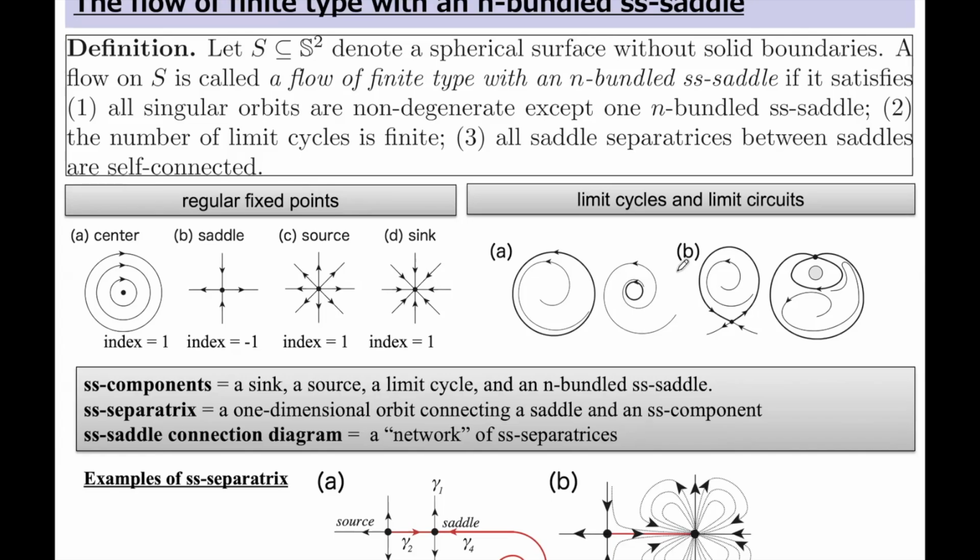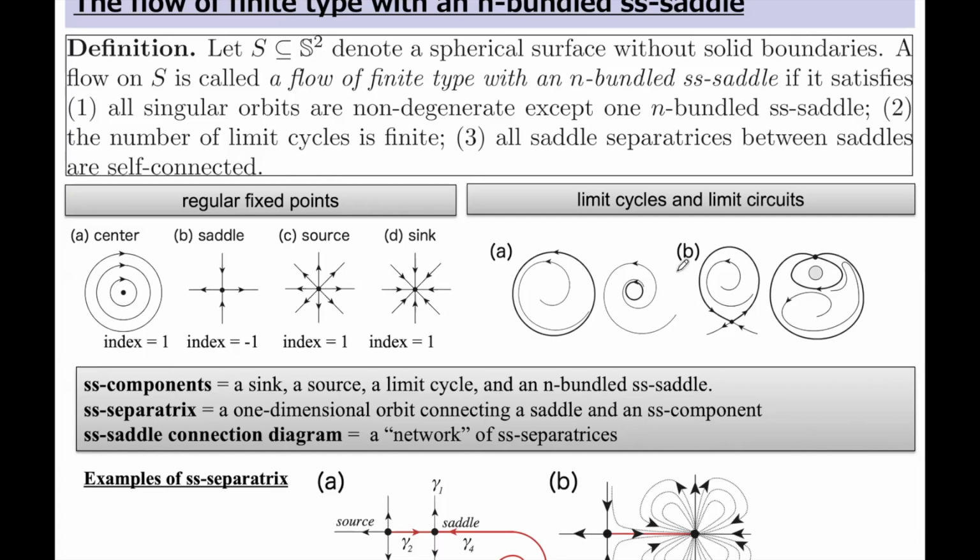For them, we consider a one-dimensional orbit connecting a saddle with any of these components. We call it a separatrix. Then the final output of this theory is that we obtain a saddle connection diagram.